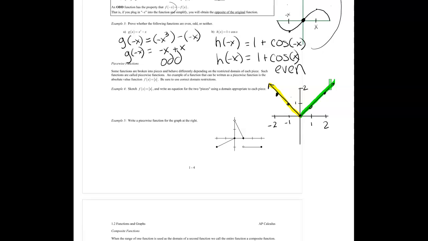The yellow piece is just going to be y is equal to negative x. That's it. And my green line sitting over here is just the line y is equal to x. So putting these two together in some form is going to give me this one function.